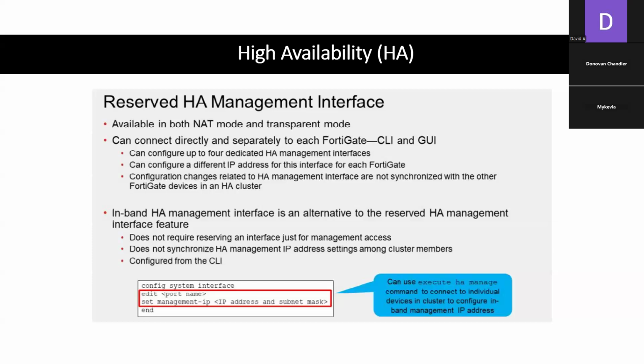Within that configuration, in the GUI or the CLI, you can configure up to 4 dedicated management interfaces. The configuration of the reserved HA management interface is not synchronized, as you guys learned, because it is one of the things that isn't copied from the primary configuration. That is a local configuration. Each device is going to have a different management IP.